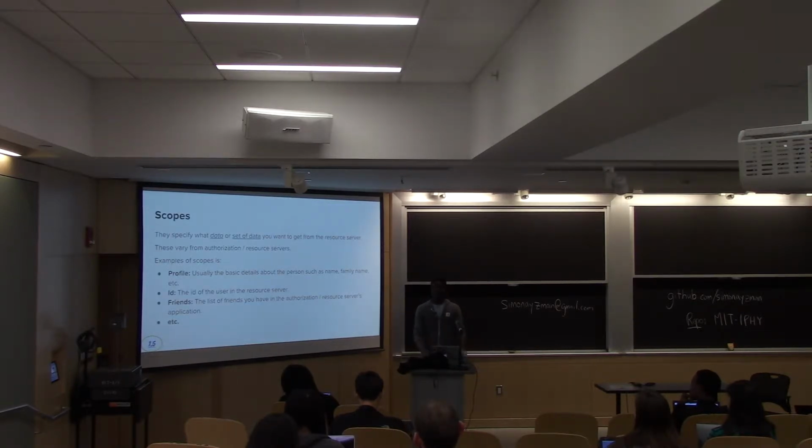So a couple more definitions. We have scopes. What are scopes? Scopes are the set of data that you want to get from the resource server. For example, when you're creating your Facebook client, if you remember when Aaron gave his lecture about client authentication, at some point you had to choose what things you're looking for from the user.